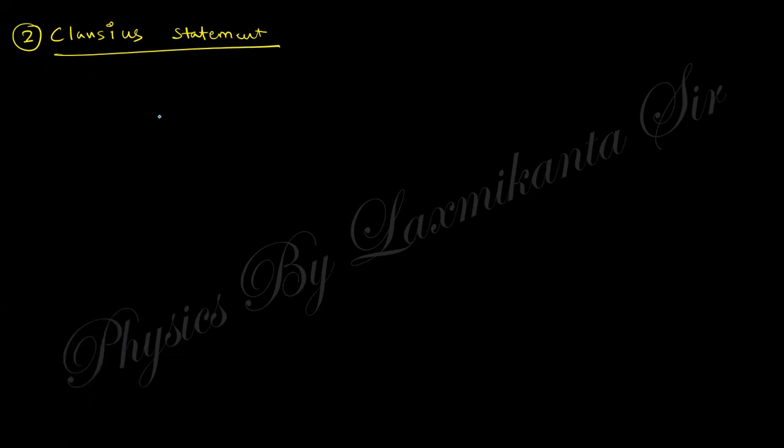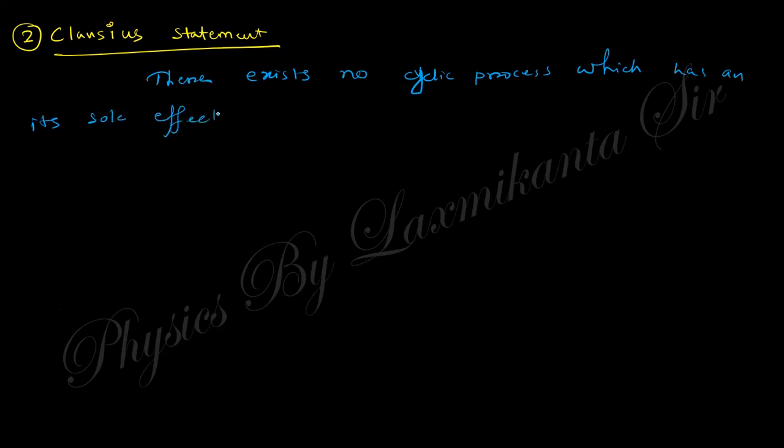The Clausius statement says that there exists no cyclic process which has as its sole effect, total effect, the transference of heat from a colder to a hotter body.